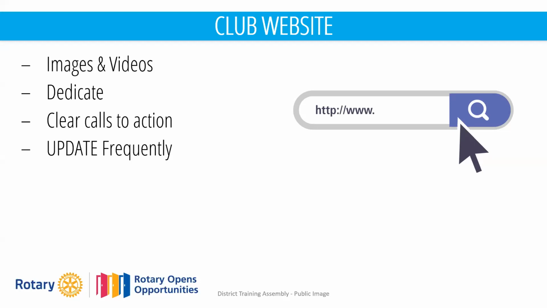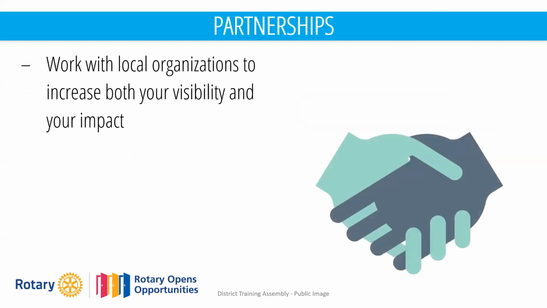Suggest they invite potential members to club events and service projects so they can experience the club for themselves. Work with local organizations to increase both your visibility and impact.